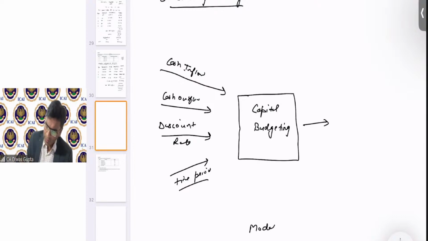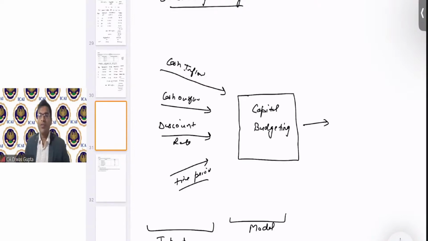Then this is the model, and these are the inputs. You will put into that model, into that way of calculating the numbers, and finally we will arrive at net present value. This is an output.